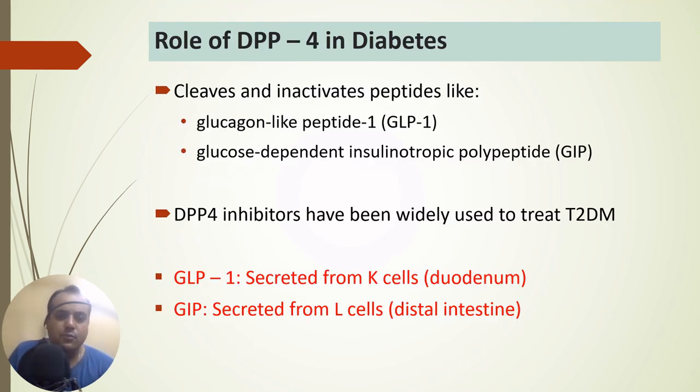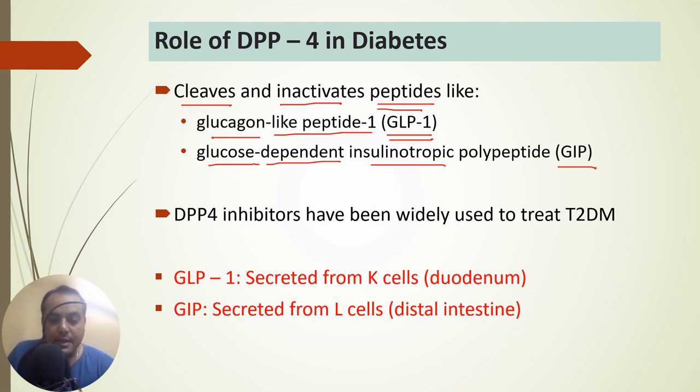So let us now understand what is the role of DPP-4 in diabetes. Now the enzyme DPP-4 or dipeptidyl peptidase 4 cleaves and inactivates peptides. Since it is a peptidase, it will cleave and inactivate peptides such as glucagon-like peptide 1 or GLP-1 and glucose-dependent insulinotropic polypeptide or GIP. Now both GLP-1 and GIP together are known as the incretins.